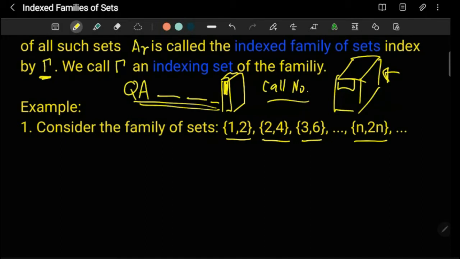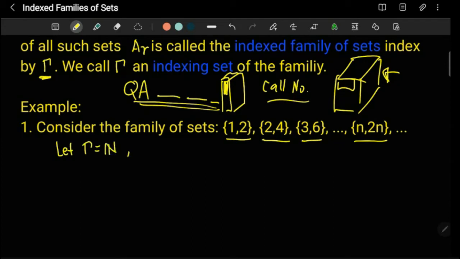So since intuitively, we know that there are infinitely many sets of this form, di ba? 1, 2, 2, 4, 3, 6, 4, 8, and so on. So, infinitely many. But, what we can see for sure is that yung ating set defined by a natural number. So, we can let our indexing set to be the set of the natural number.